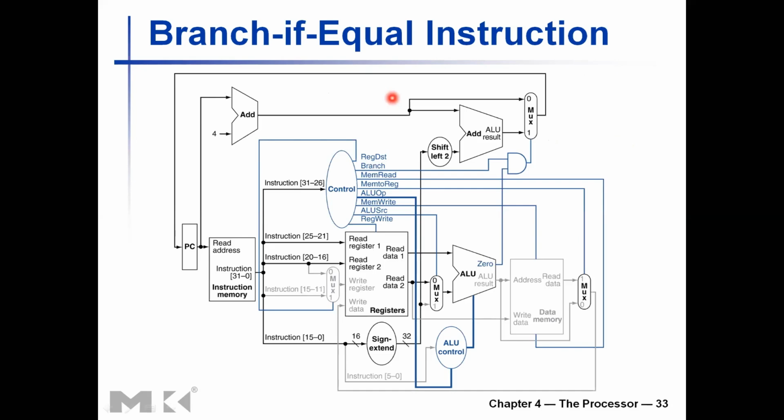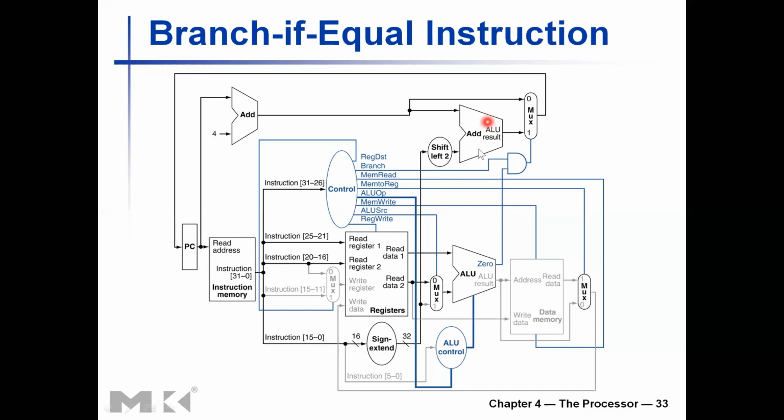So we take the 2 register addresses, read from the register file, and send those register values into the ALU. If the zero output of the ALU is set to high, meaning the result was 0, we use that as an input to the AND gate here, and using this branch control signal, we generate a 1 signal and thereby use the result of this adder circuitry.